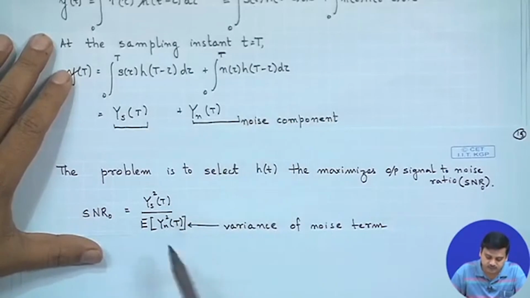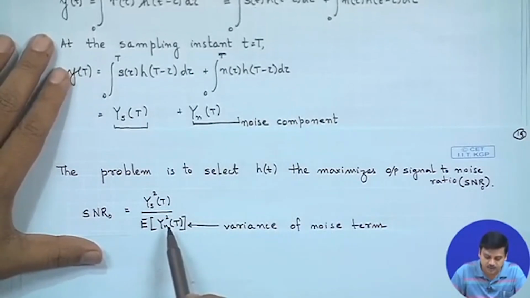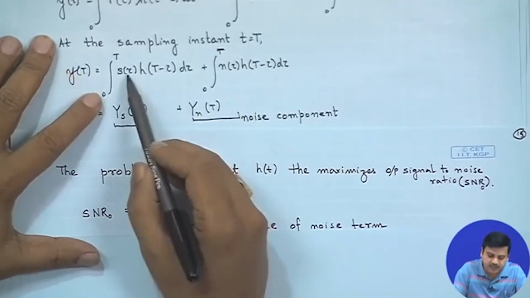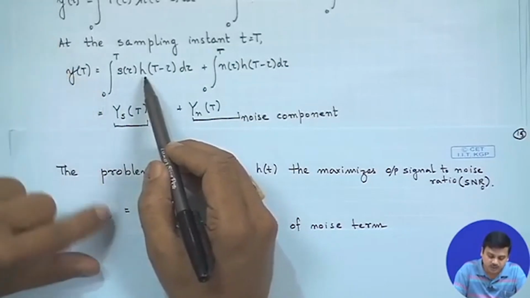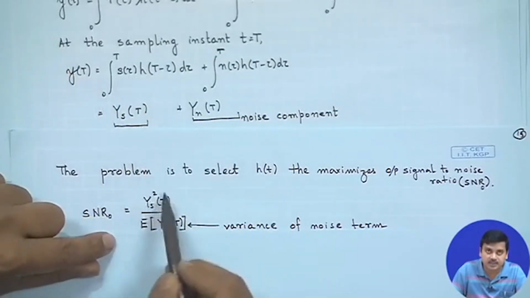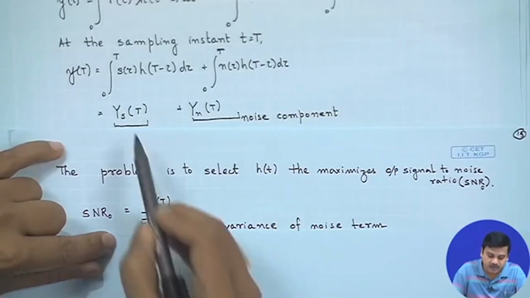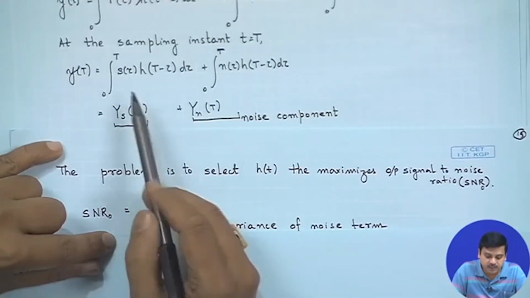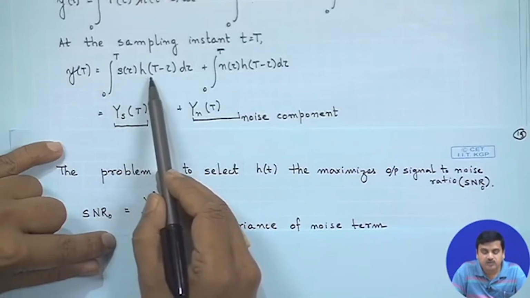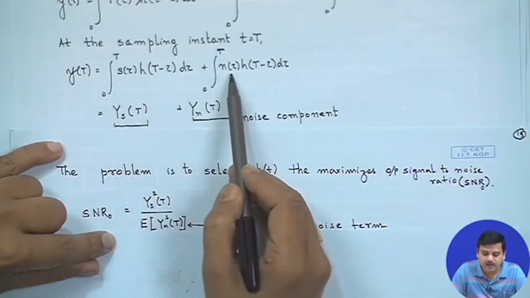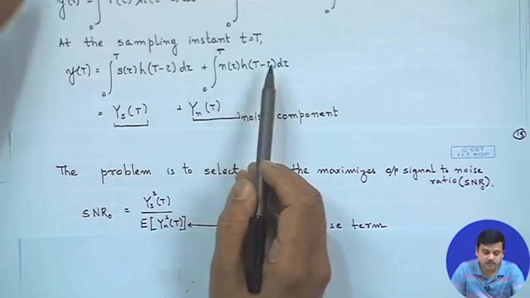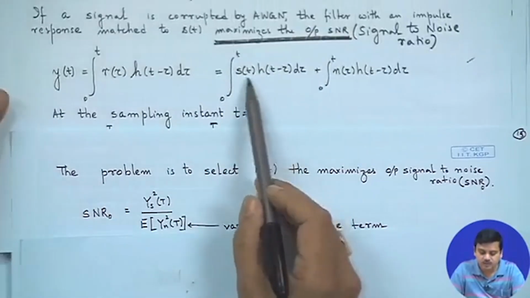Together, we want to find h of t which maximizes the signal component power to the noise component power, where the signal component is the signal convolved with h and the noise component is the noise convolved with h.